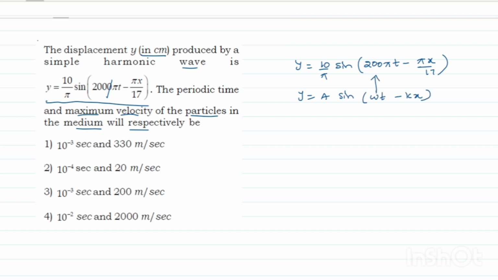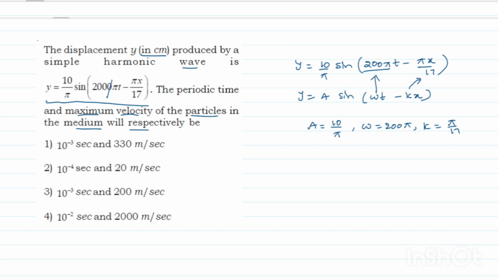So instead of omega it will be 200 pi, and instead of k you take pi by 17. So the amplitude A is 10 by pi, omega is 200 pi, and k is pi by 17. Now they are asking for the periodic time and the maximum velocity of the particles.